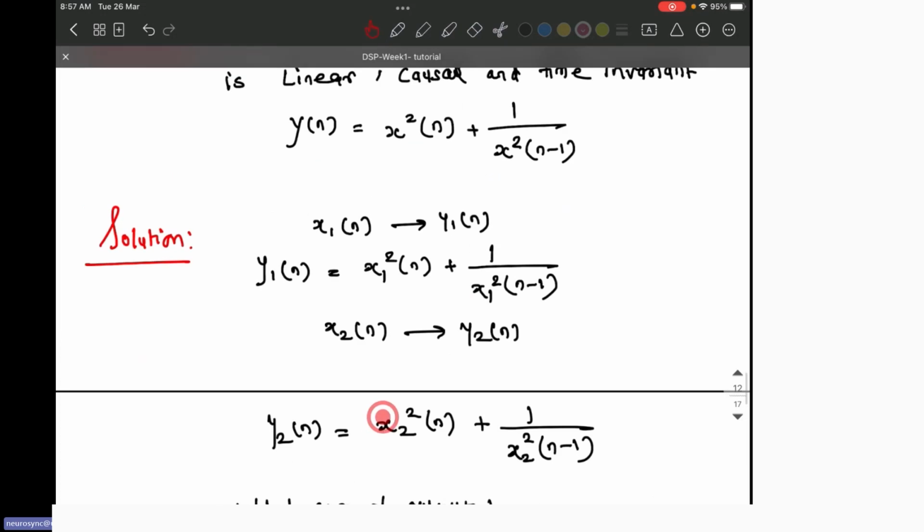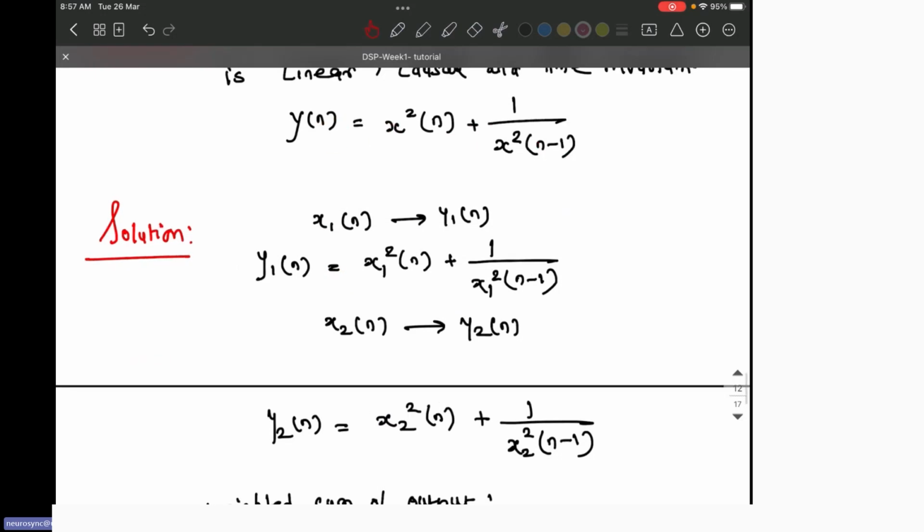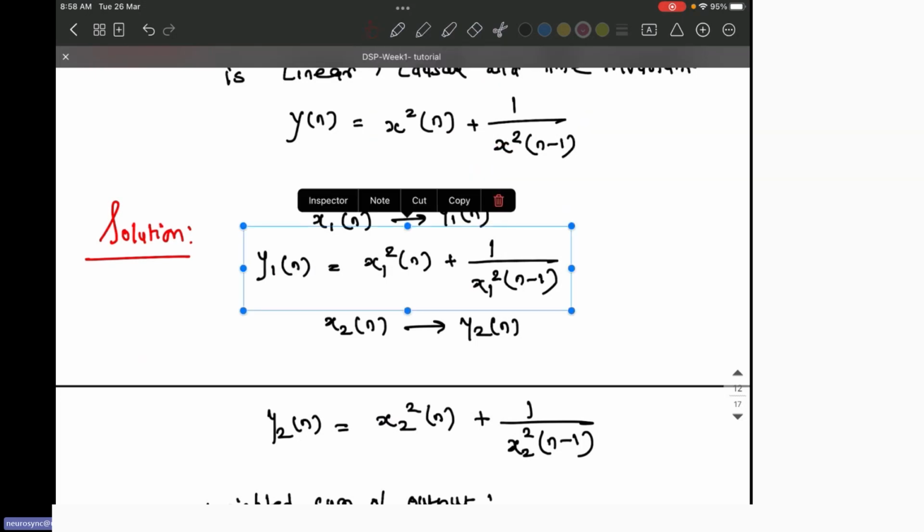Now, how to represent y1n here? So y1n is equal to what is the system expression? This is the system expression. So y1n is equal to x1 square n plus 1 by x1 square n minus 1. Where there is x, you can write x1 directly there. Okay. Now, let us say another input.